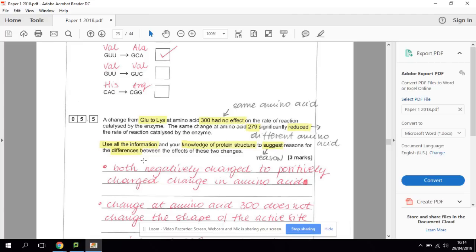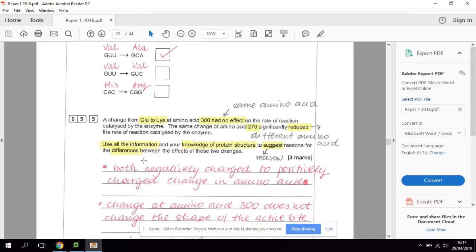That means that a different amino acid will be produced. So use all the information, the yellow highlighted bits, and your knowledge of protein structure to give the reason why the difference between the effects of those two changes.